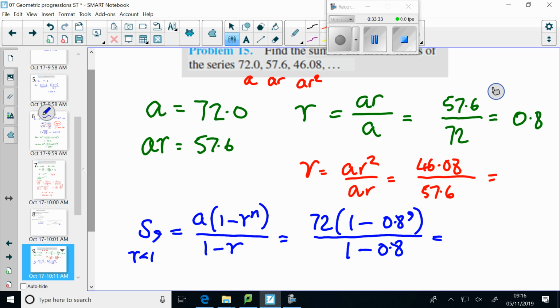What do we get with that? Be careful, make sure you put the brackets in, and I would suggest you use the fraction button. Four significant figures, please. 311.7.